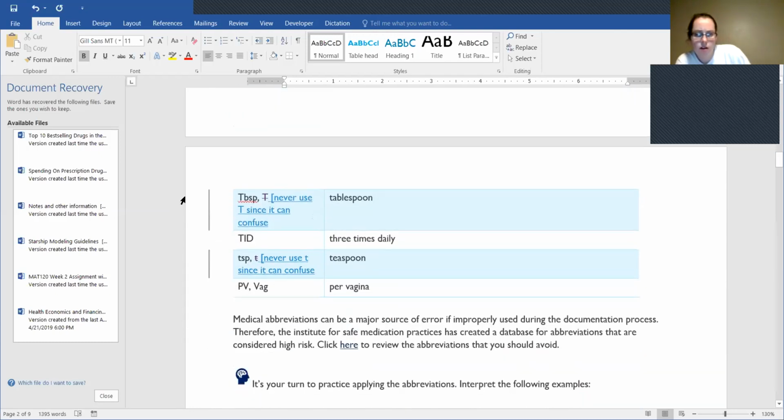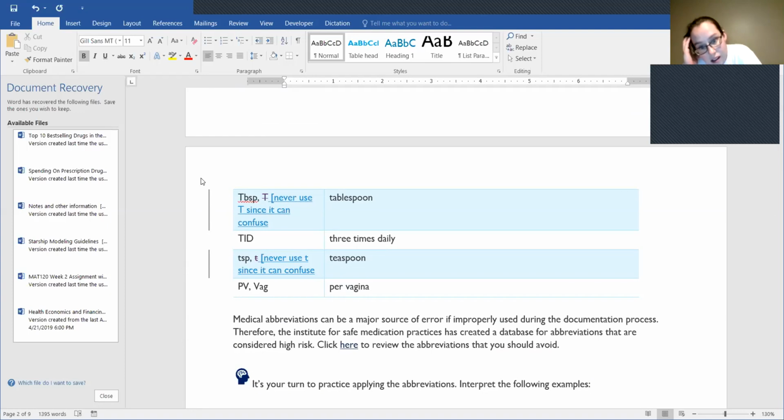Here we have tablespoon and teaspoon. Another of my issues here: never use a single letter abbreviation, because people are sloppy and you really don't have a clue which T it is. If it's the wrong one, you're either giving a third of the dose or 3 times the dose.